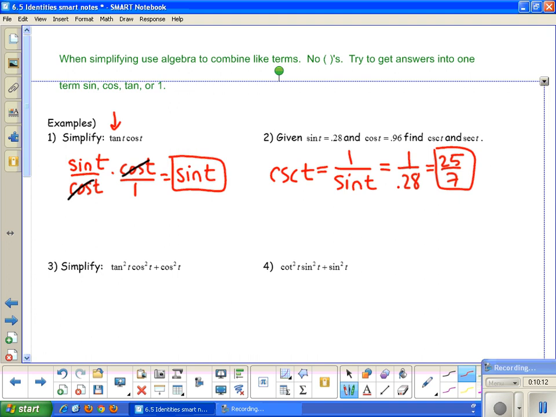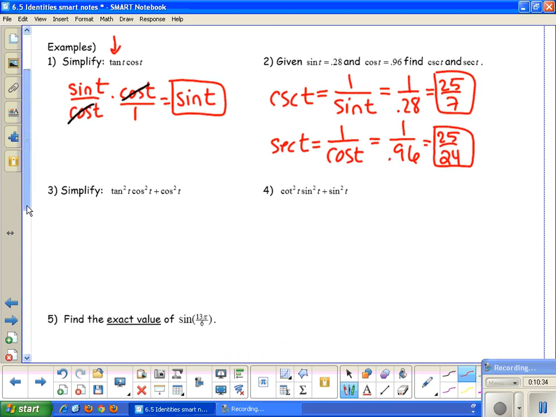And then for the secant of t, that is the same thing as 1 over the cosine of t, which would be equal to 1 over 0.96, which, when we write this into fraction form, is 25 over 24. So using the reciprocal identities helps us solve for other parts, which we've talked about before.